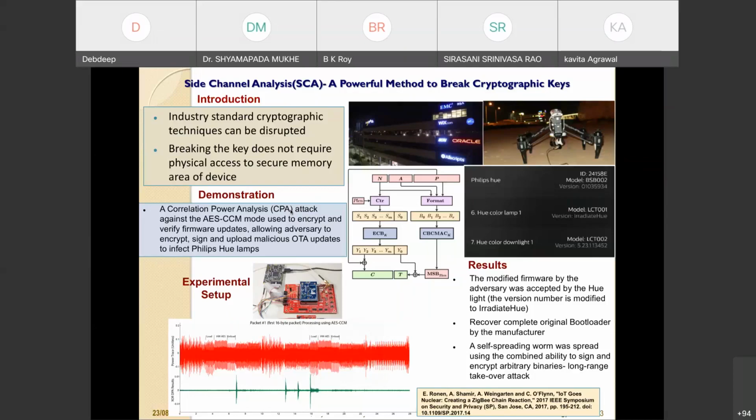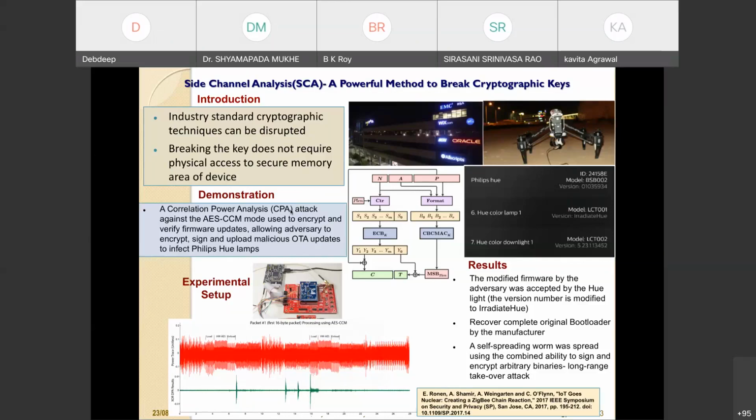So this shows that IoT systems, at least a popular IoT system sold by a very famous company, can have vulnerabilities, and often these vulnerabilities arise because of a wrong implementation of the crypto algorithm.